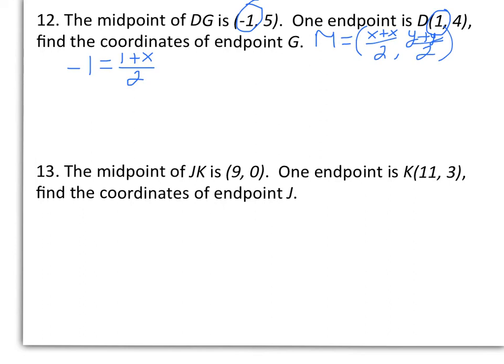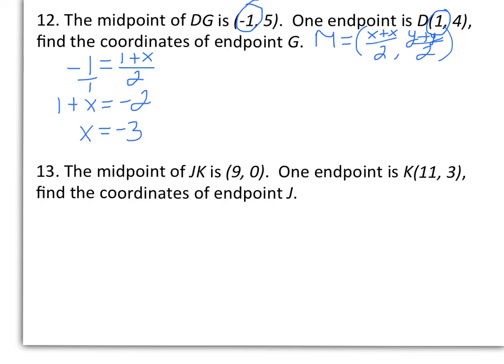Now, to solve this, let's get rid of that fraction. So you could think, okay, if I make this a fraction, and then I can do the cross product, or you could multiply both sides by 2 to get rid of that fraction on the right. Either way, we get 1 plus x equals negative 2. Subtract 1, and x is negative 3.